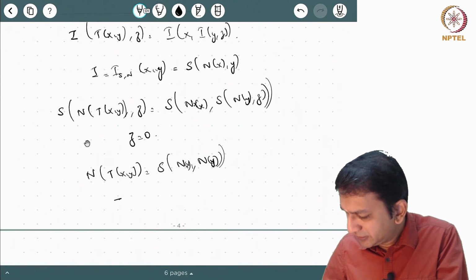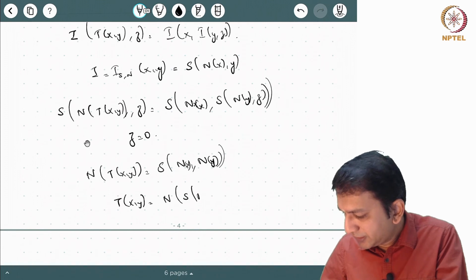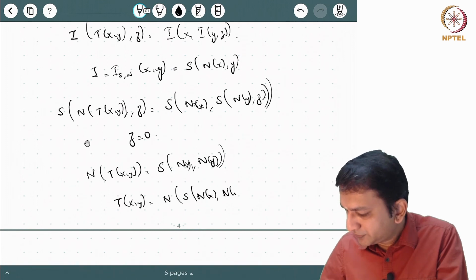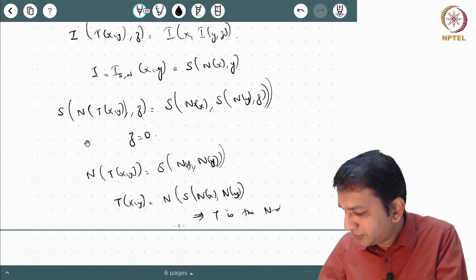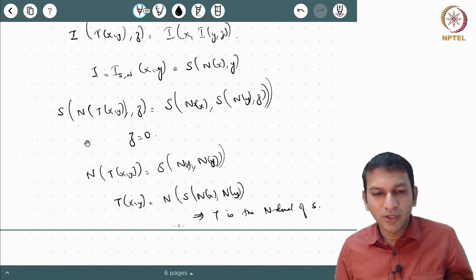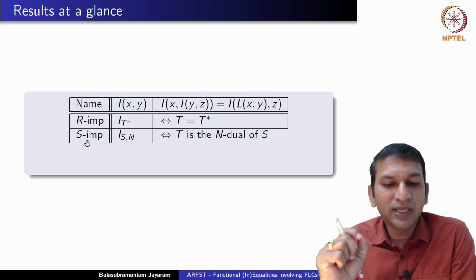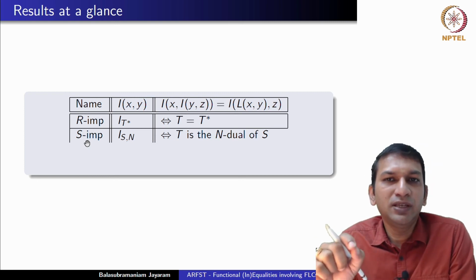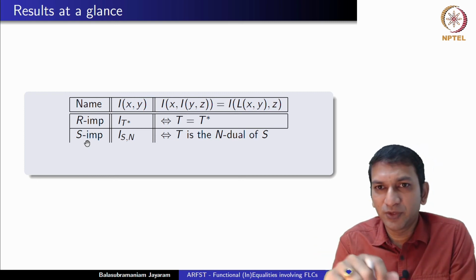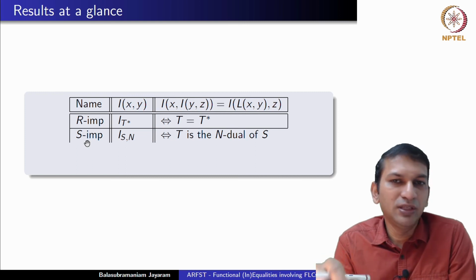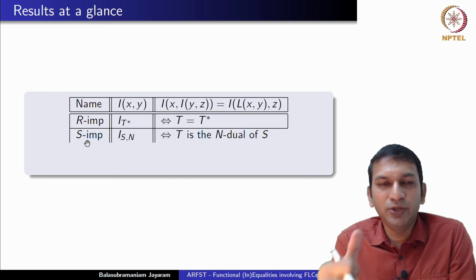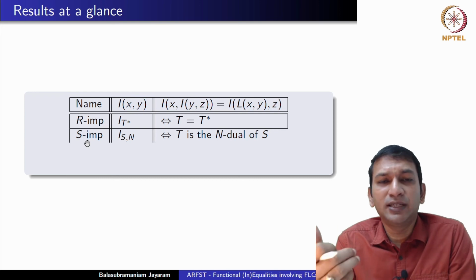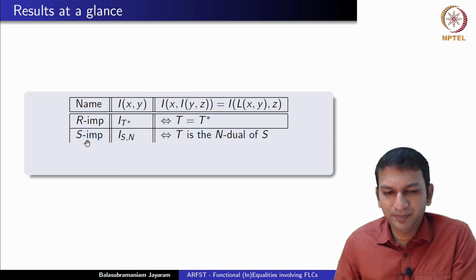Clearly that means since N is strong, T of (x,y) is N of S of N(x) comma N(y), which means T is the N dual of S. So not only S implications satisfy the law of importation, if they do satisfy, then the T has to be the N dual of the corresponding S. So the moment you fix S and N to be strong, then you know that with respect to its N dual T, it will satisfy the law of importation.